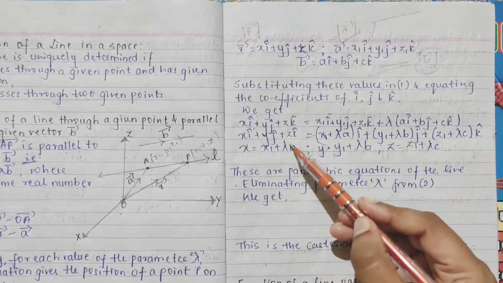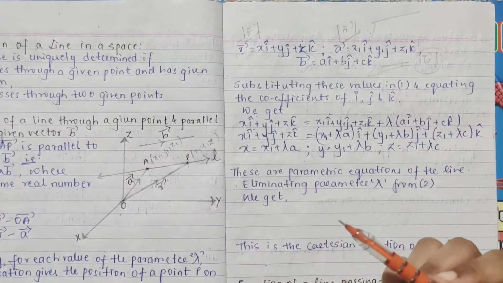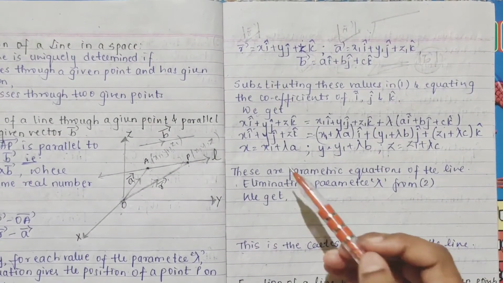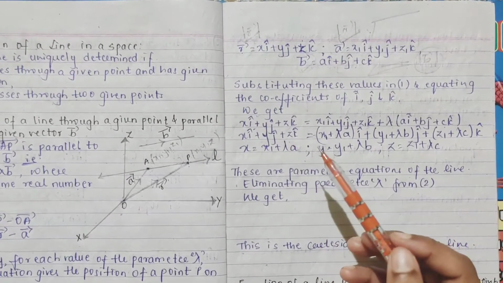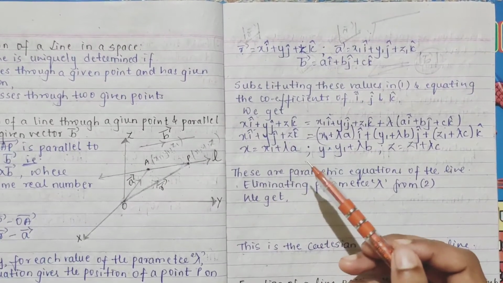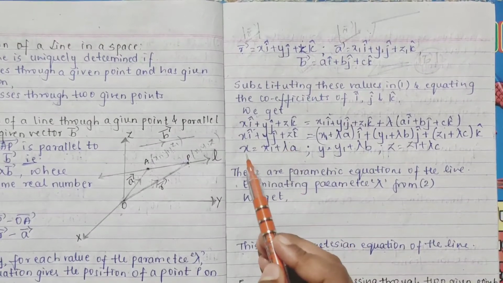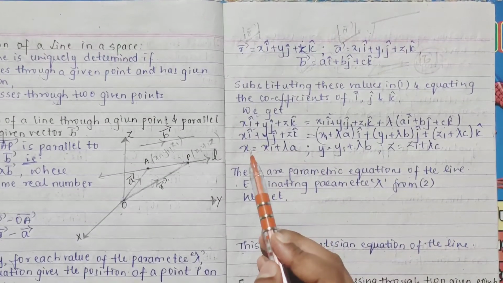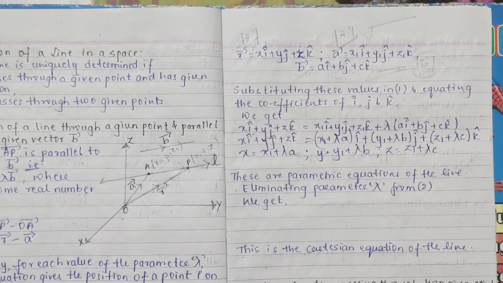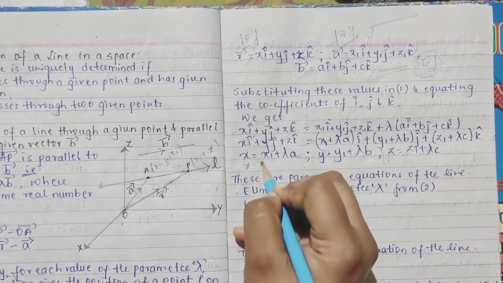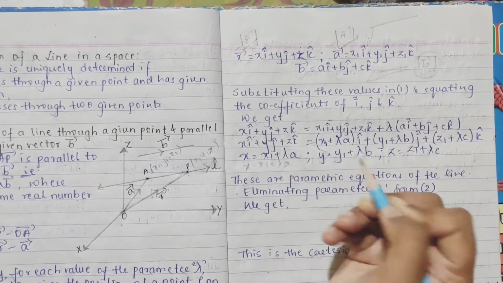Now lambda gives the parametric equations, right? And the Cartesian equation of the line is given by eliminating lambda. How? Taking x1 to the other side, x minus x1 will be equal to lambda a.